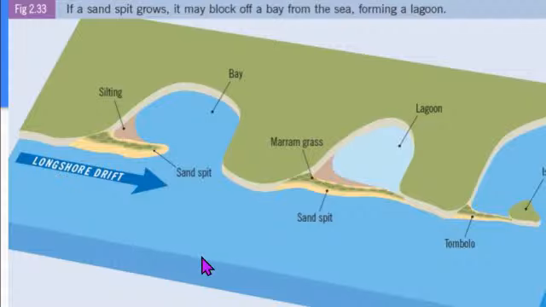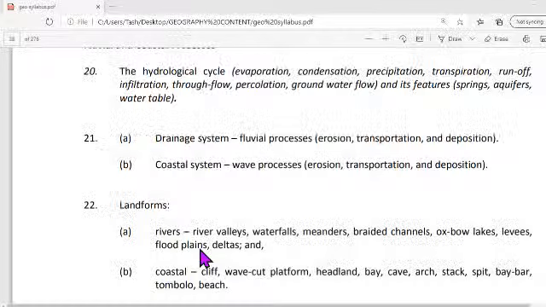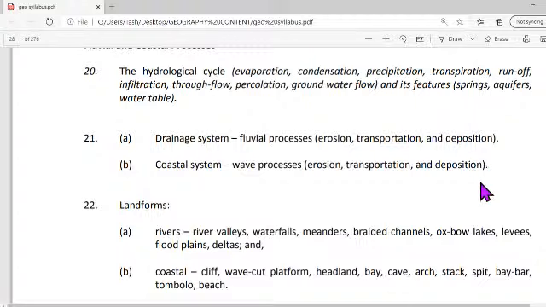So we are going to look right back at our syllabus now. So on our syllabus, we would have finished the landforms, and yes, we covered all of them. So now we would be moving on to number 23 on the syllabus.